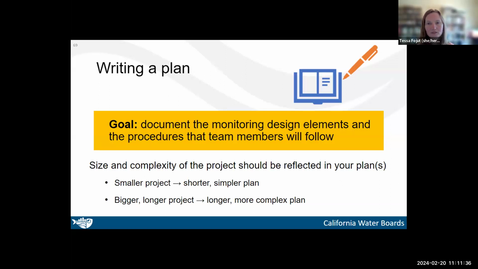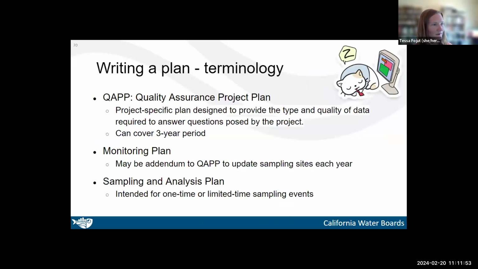But if you have just one or a few smaller water bodies that you're going to do a 1 or 2 year study, you're going to have a smaller document that you need to write that can be more simple and reflect that. So I know project plans and writing long documents is not always very exciting, so that's why I'm bringing in the cute cat pictures here.